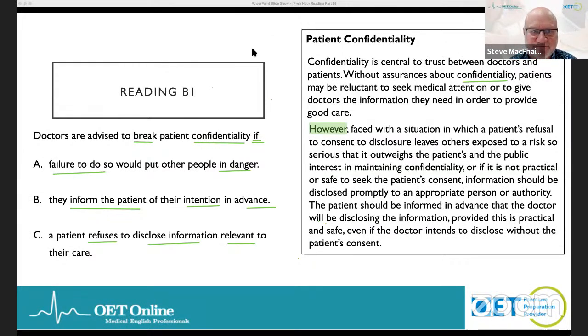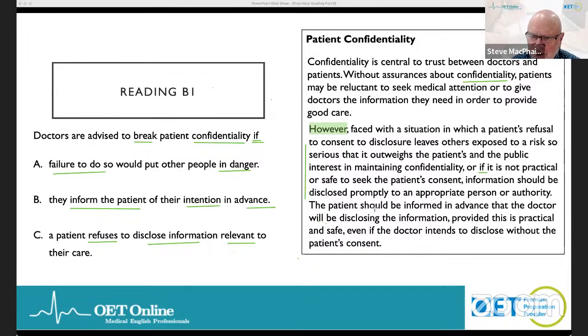So that seems to be a very important section of the text, doesn't it, everyone? That's giving a situation. And the question is an if, and we've got lots of ifs here. All right.